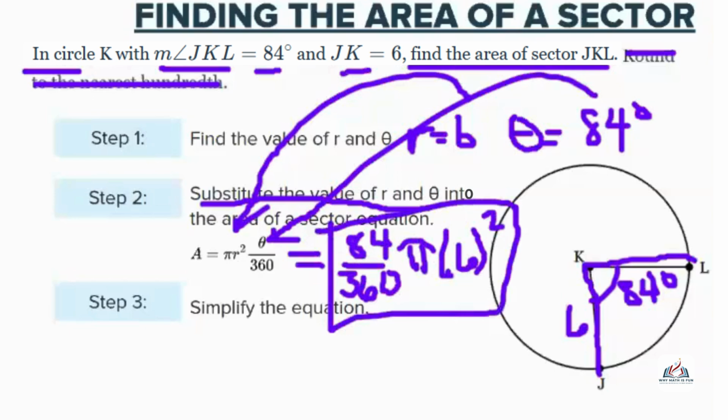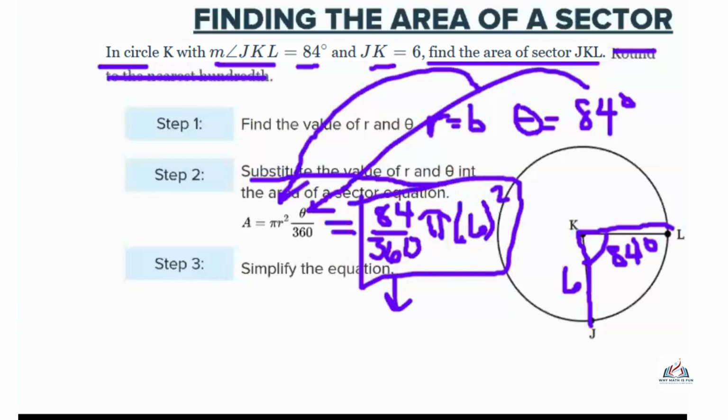And if you want, you can take this a step further on the calculator. What does 84 divided by 360 equal? Good job, 0.23. So we have 0.23 times pi.